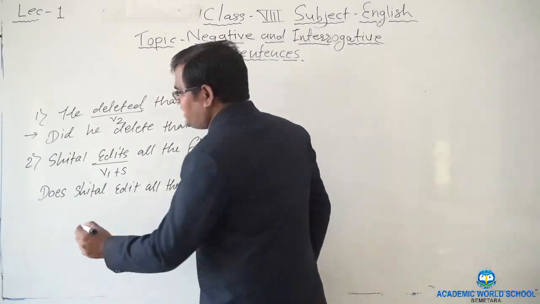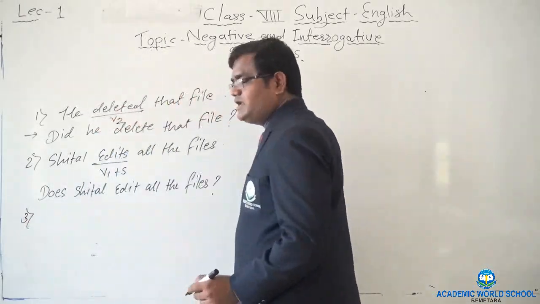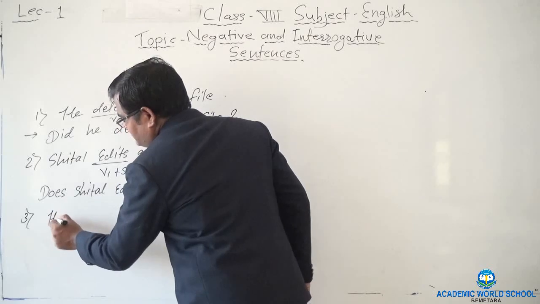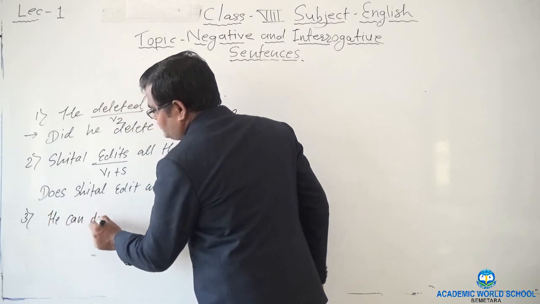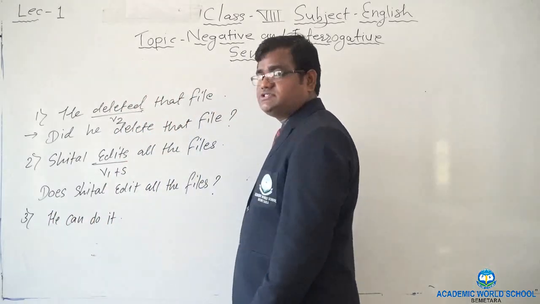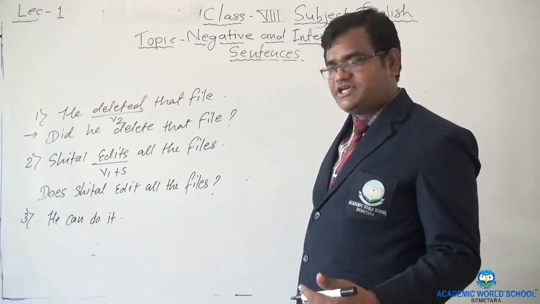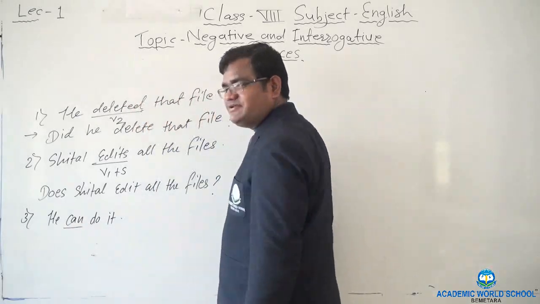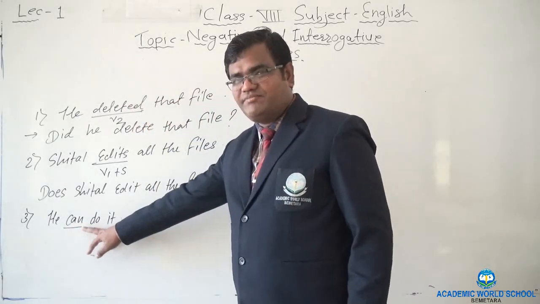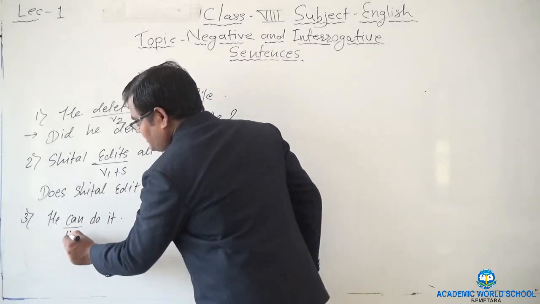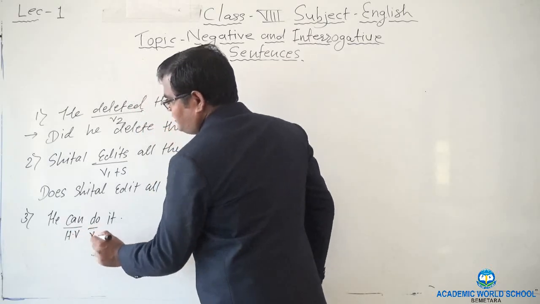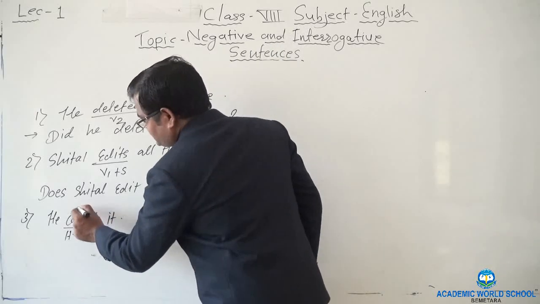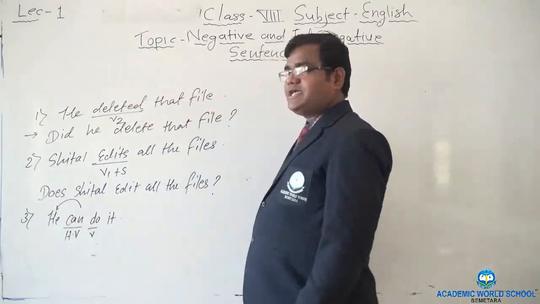Let's take one simple example now, with a modal auxiliary. Okay, he can do it. If you have to frame a question here, what is the simple method? We already have a helping verb here. Can is the helping verb and do is the main verb. I need the helping verb at the beginning, so I will just change the position of can.